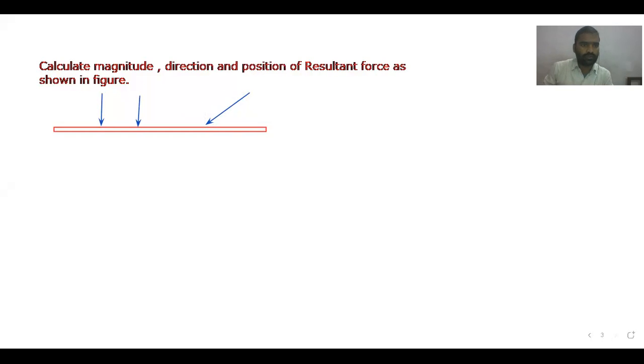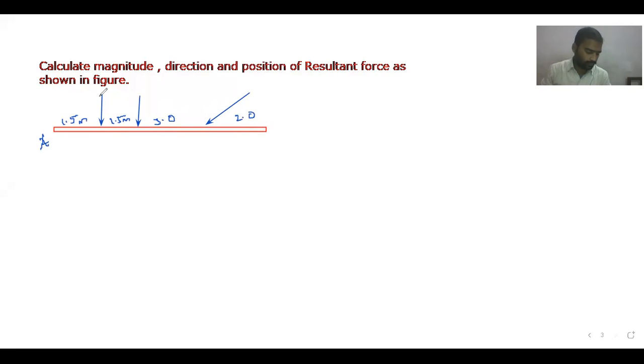So the given points are, this is point A. Then the distance is 1.5 meter, and this is also 1.5 meter, this is 3.0 meter, and this is 2.0 meter.